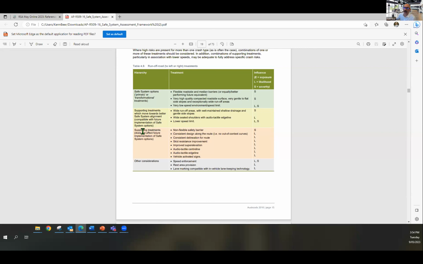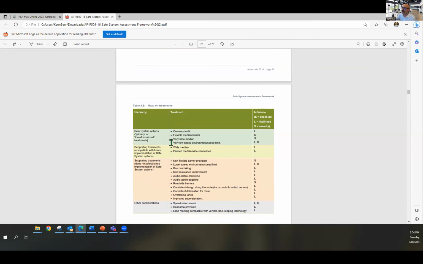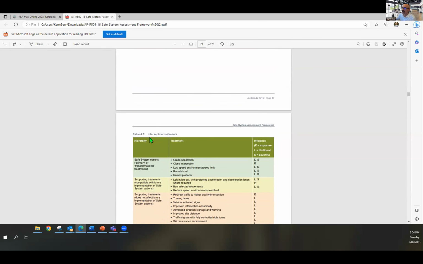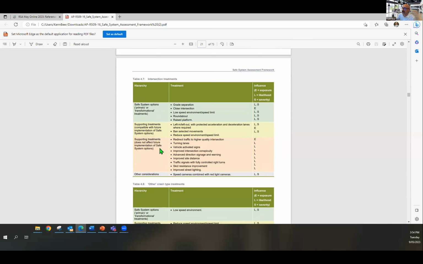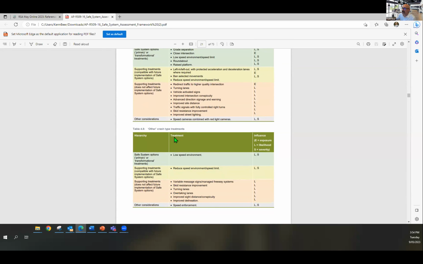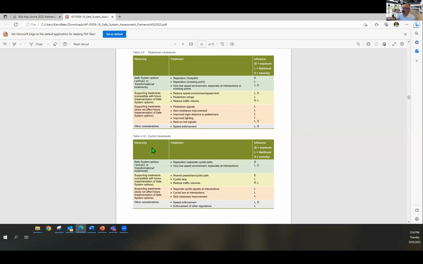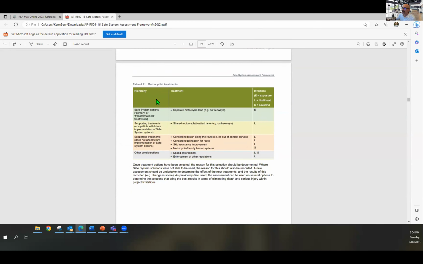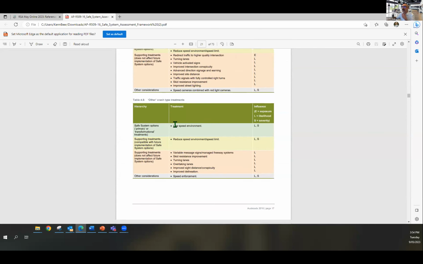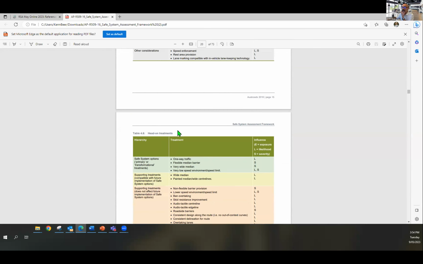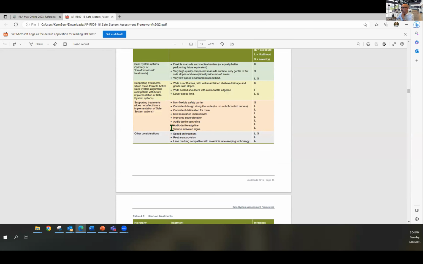There's a subcategory of supporting, but we just talk about supporting or primary. You can also see what they influence: exposure, likelihood, or severity. And you get that for head-on crashes, intersection crashes, other crash types, pedestrian crashes, cyclist crashes, motorcyclist crashes.